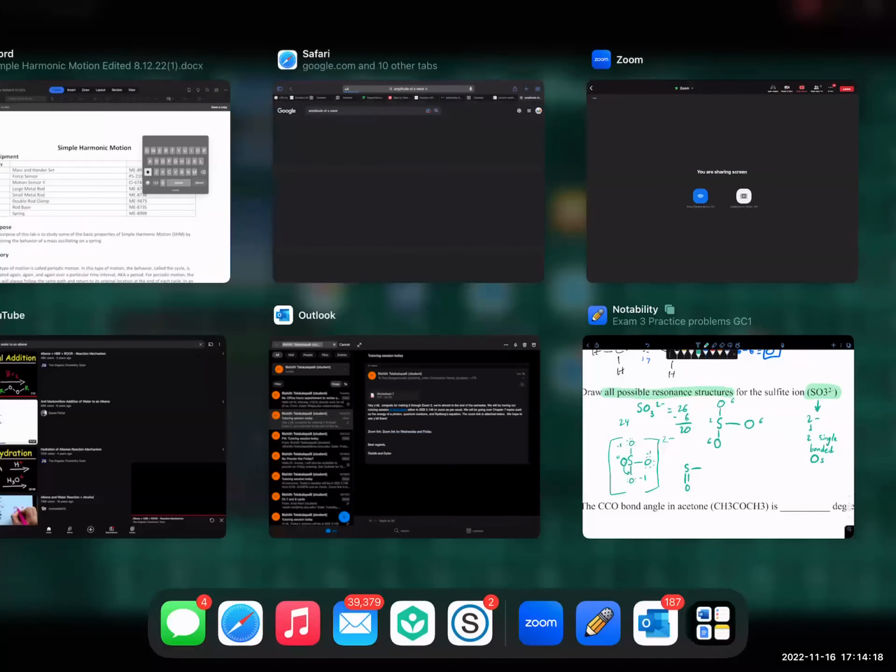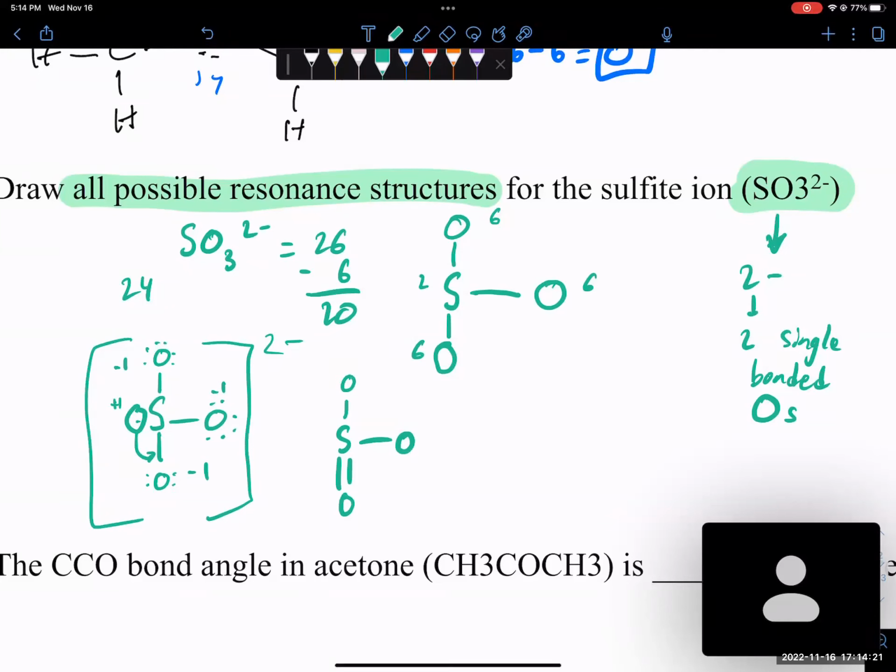S double bonded O, and then we have two single bonded oxygens. Now let's try it out. Does this look better as a structure? Used to OChem where they don't make you draw in lone pairs. All right, anyways. Yeah, this is actually there, but the electrons go over there.